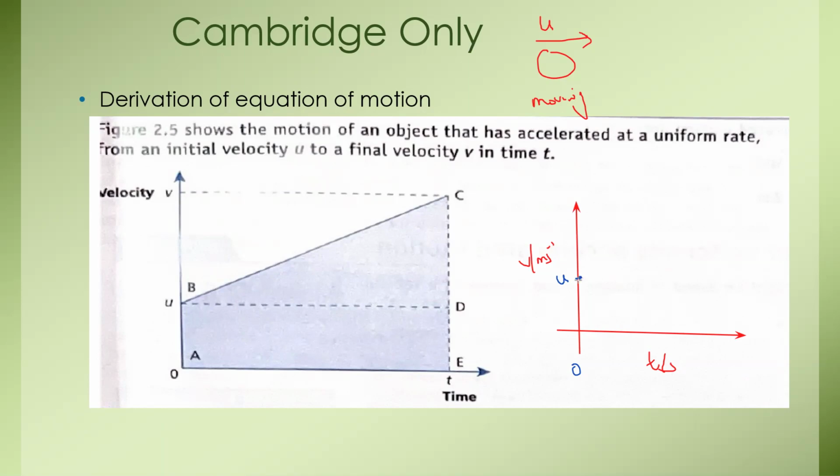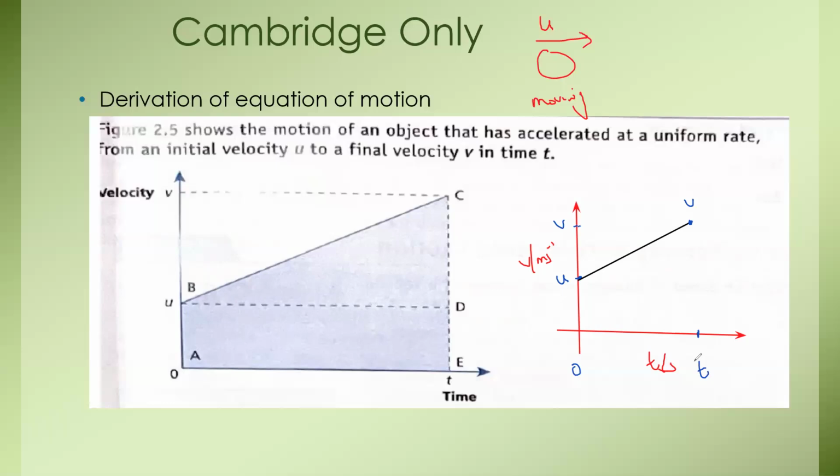After some time, the object has a new velocity, which we call v, the final velocity. And the time it took to reach velocity v, we call t.